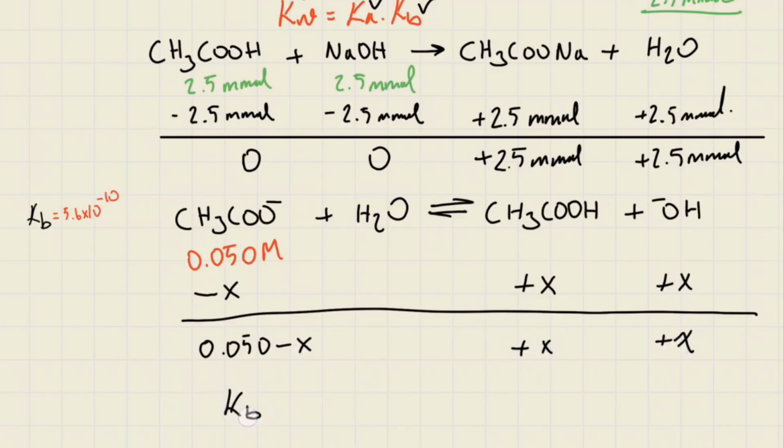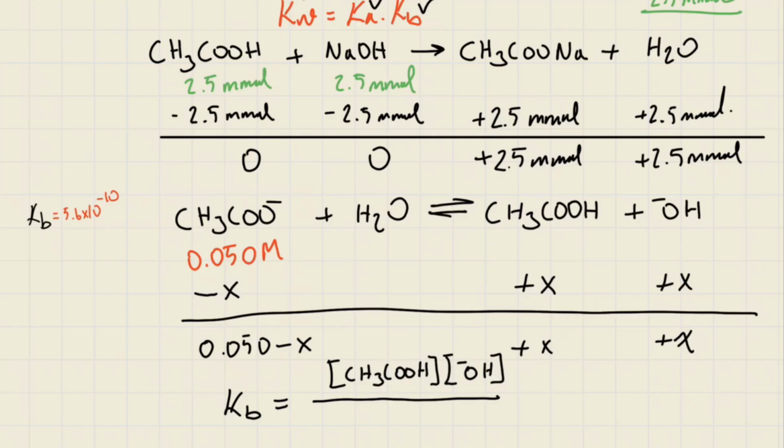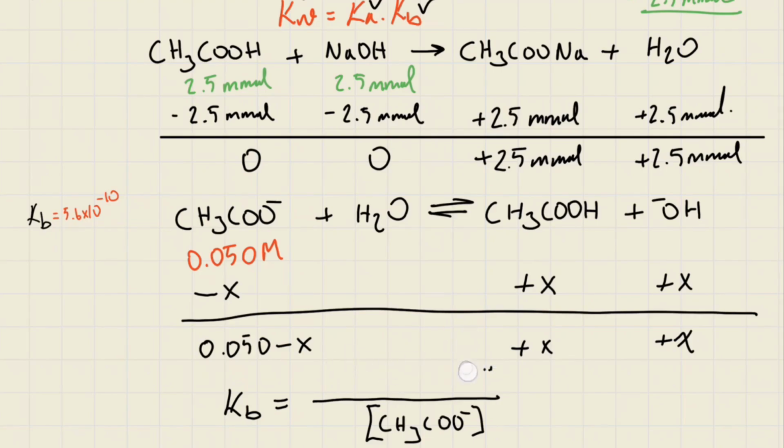And the Kb will be equal to CH3COOH times OH minus ions over acetate ion. And we know that these two are just X. So X times X will be equal to X square.